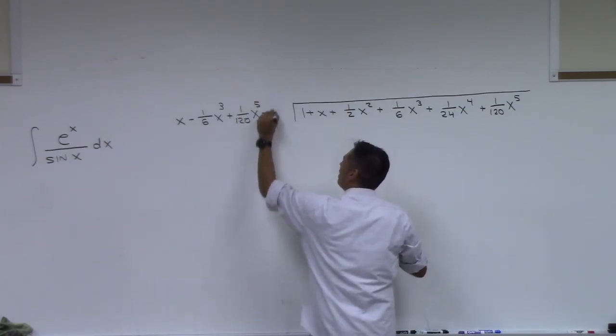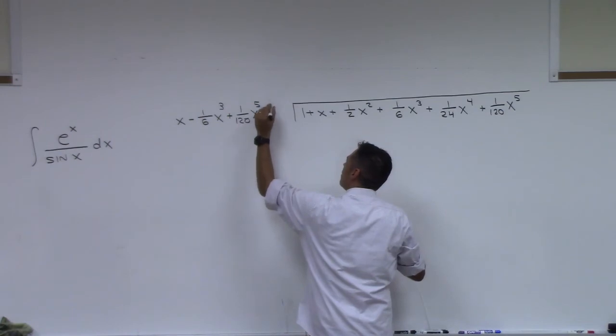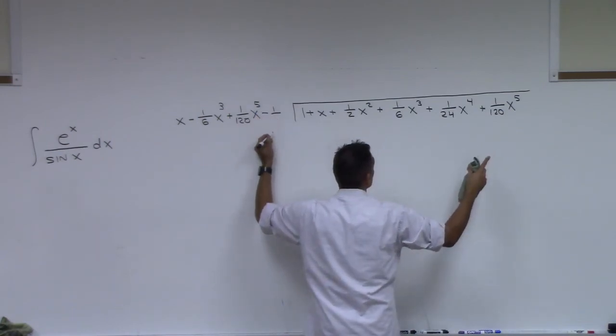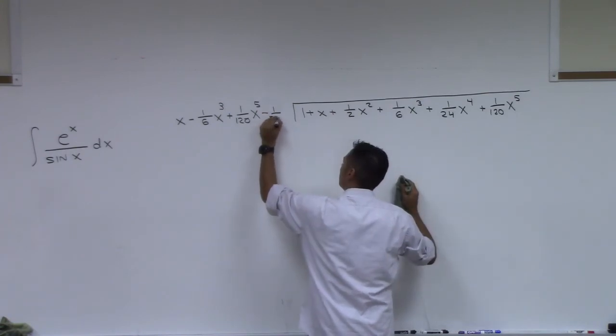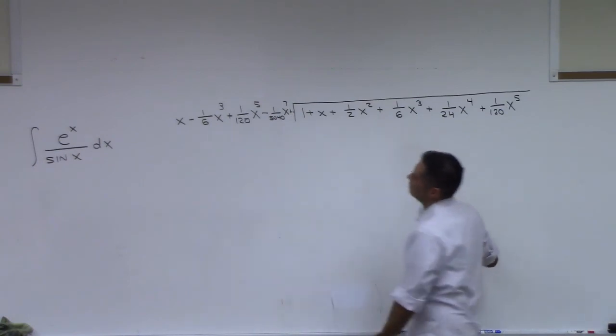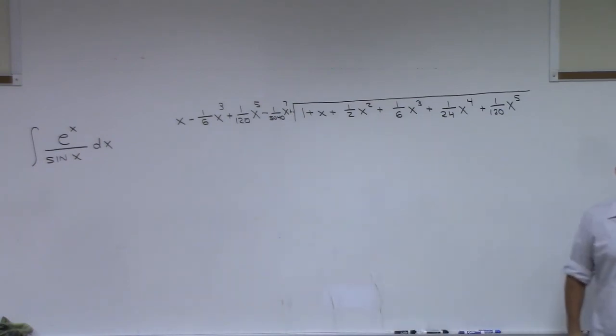Get it right. And then what was 7 factorial? 5040, is it really? Golly, things growing. And then x to the 7th plus dot, dot, dot. All right, there we go.